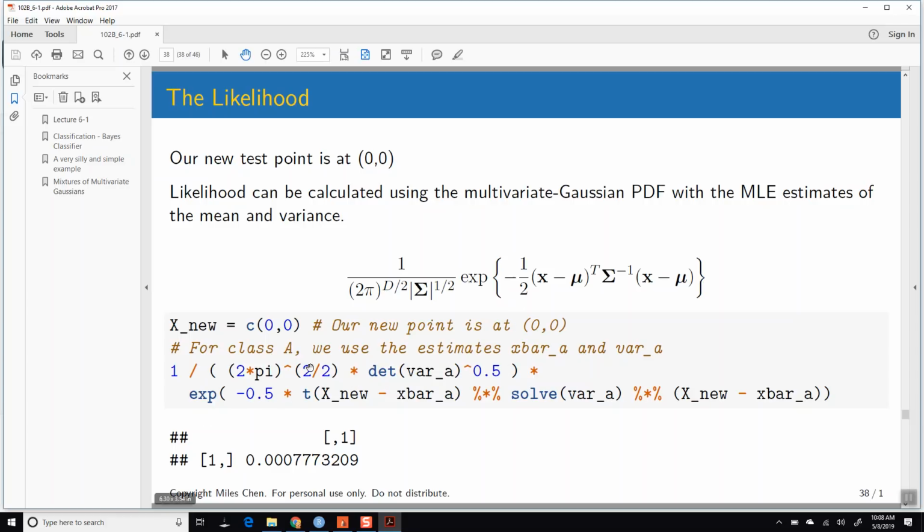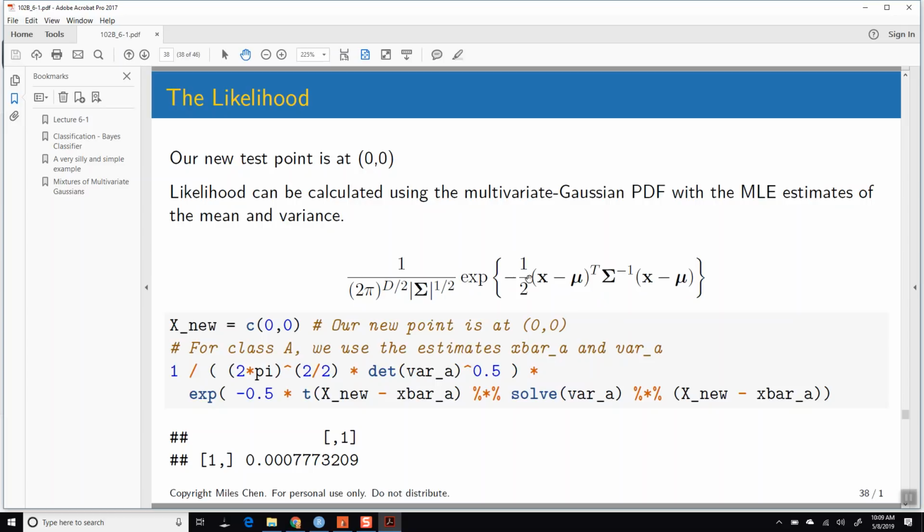And then we multiply that by e to the negative 1/2 times your new value minus the mean, multiplied by the inverse of the variance, multiplied by x minus mu. If you're familiar with the regular Gaussian PDF for one dimension, it's almost the same, just in matrix notation.